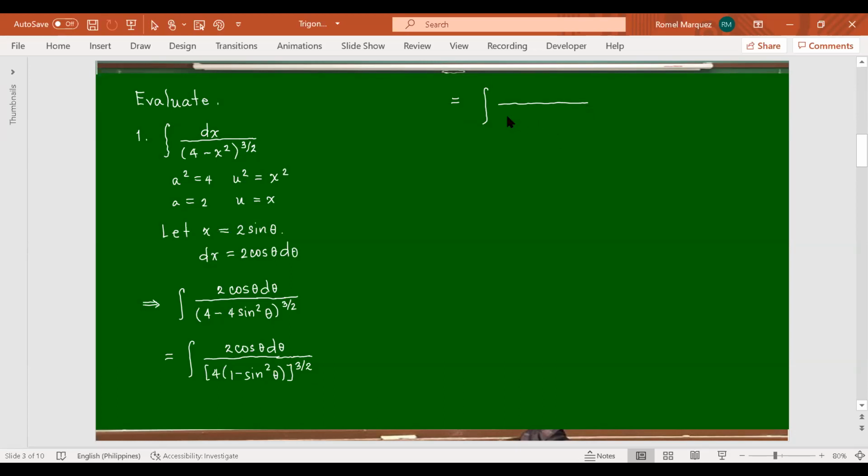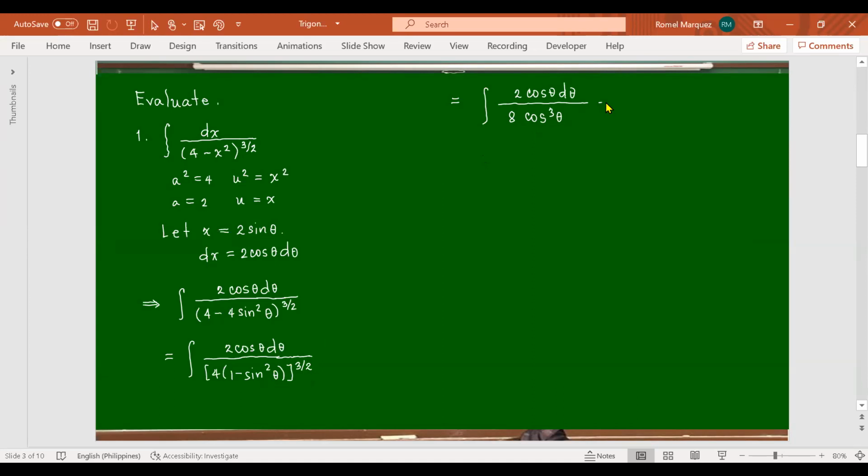And the denominator, we have 4 raised to 3 halves. 4 raised to 3 halves is 2 cubed, and 2 cubed is 8. Okay? So square root of 4, 2 raised to 3, 8. And then 1 minus sine squared is cosine squared, whose square root raised to 3 gives cosine cubed theta. Okay, guys?